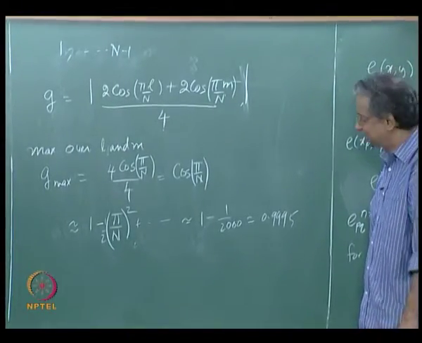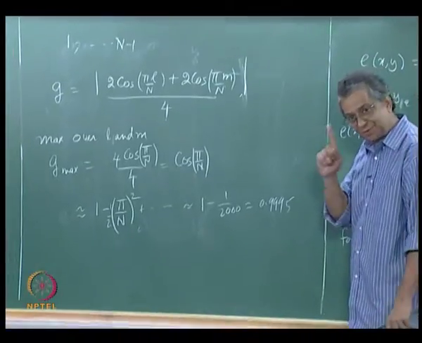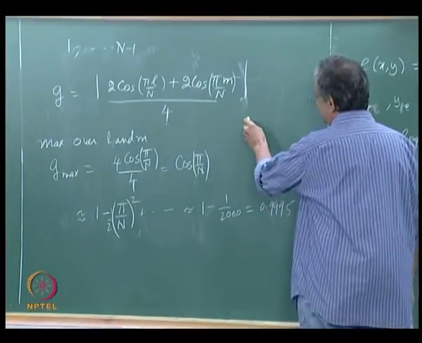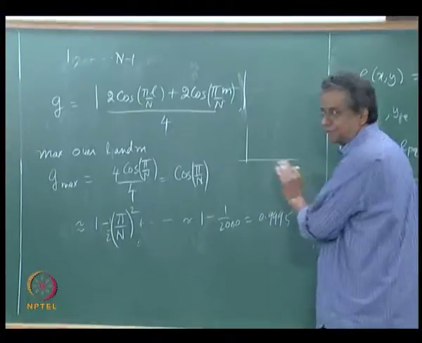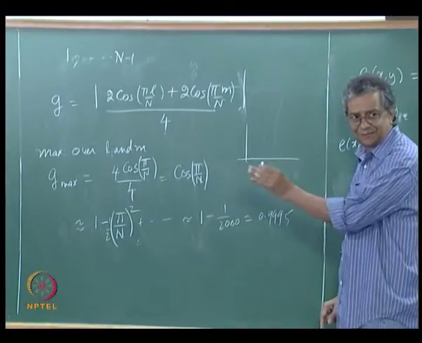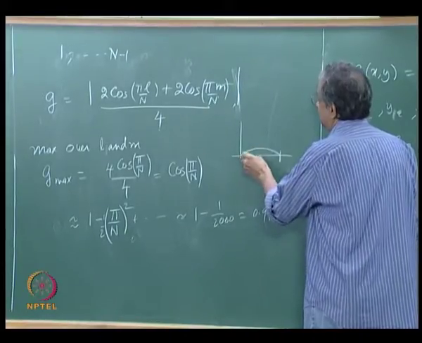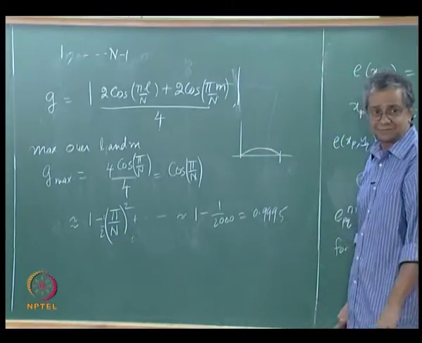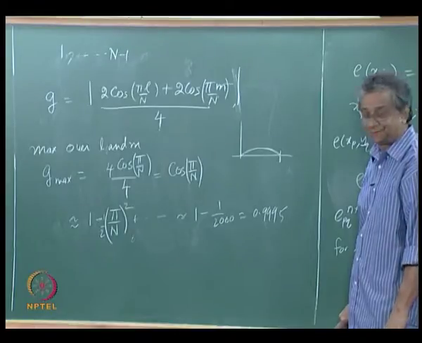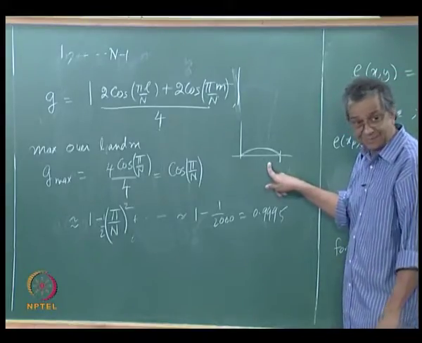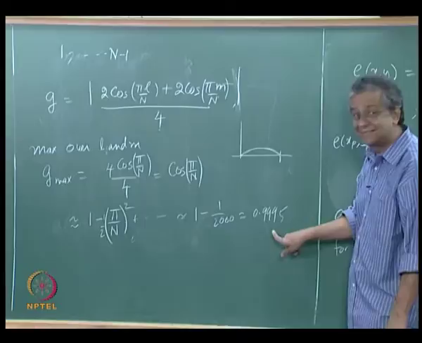Okay. So for the first mode, if you have an error, I am drawing it only in one dimension now, we will forget the other. If your initial guess is such that the error is like that, the first mode, that amplitude is going to decay at this rate.